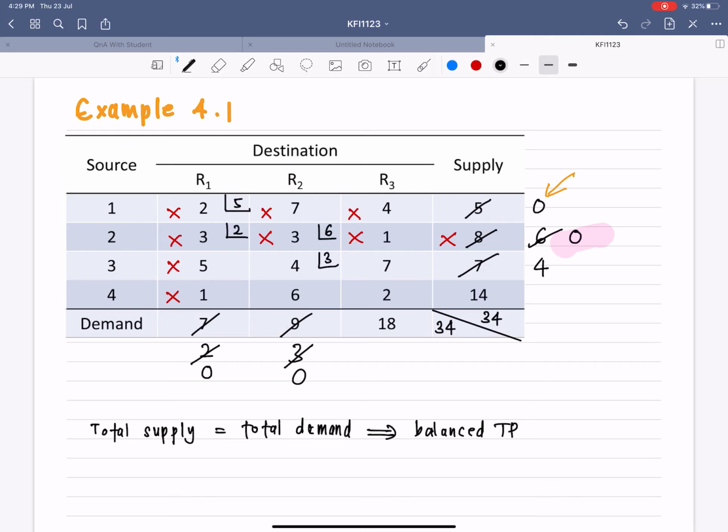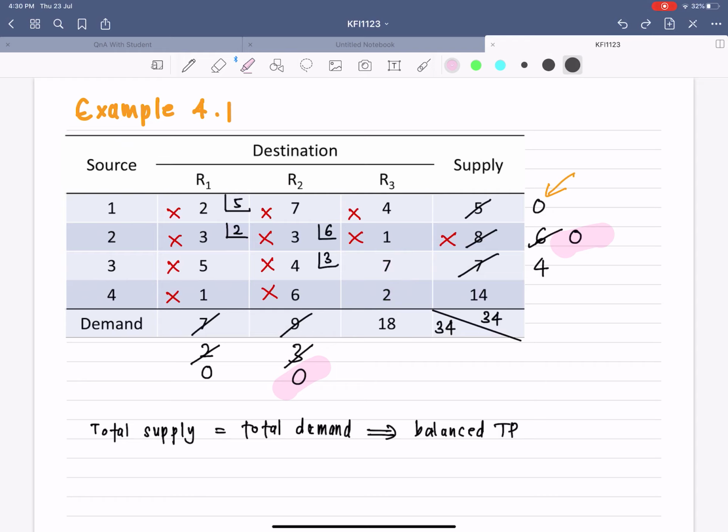So what's next? Here we have, this is 0, so we will cancel out the second column. So the remaining cells are this one. We will choose the above one because that is located at the northwest.